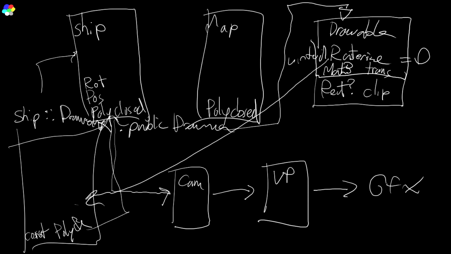So the rasterize for ShipDrawable will be specialized for the data that it contains, and camera and viewport will have a function draw, and it'll take a drawable, of course.